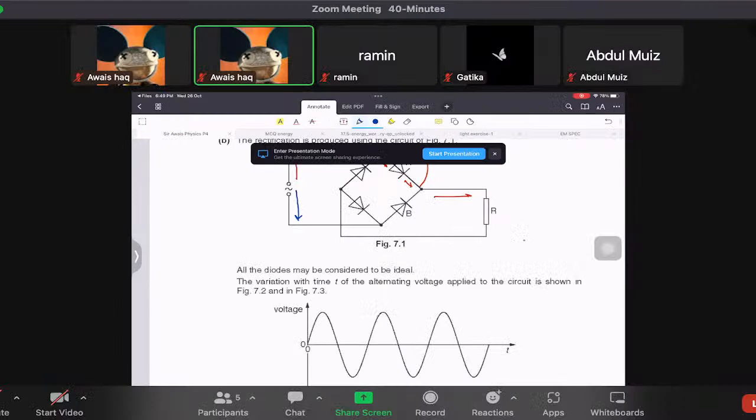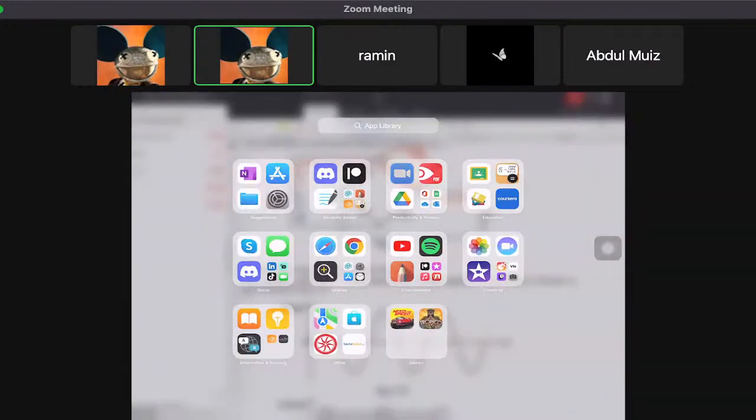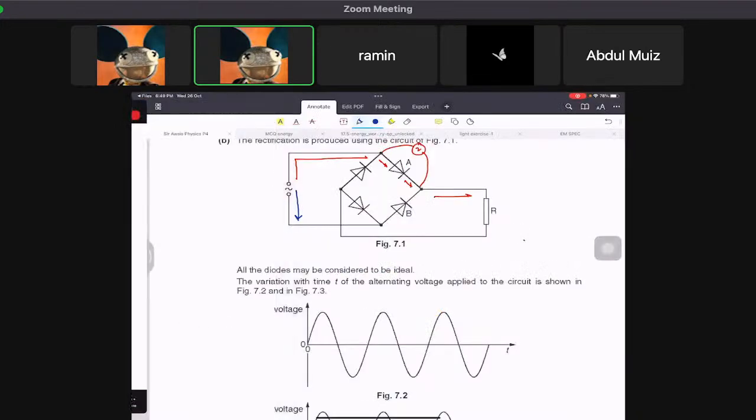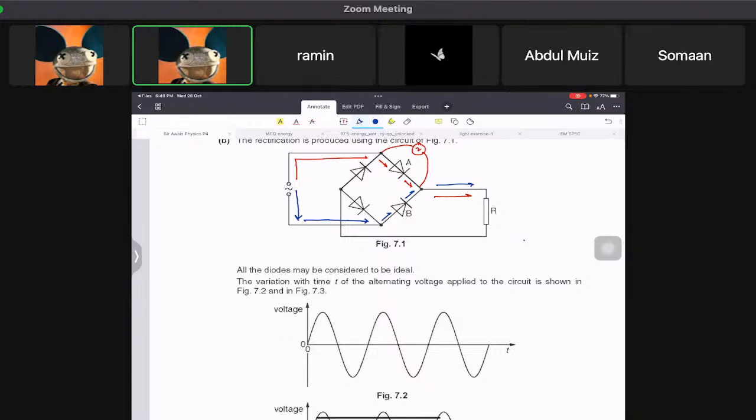This is why I'm asking you to get some color pens. No matter what, red will always go through A, blue will never go through A, which means that it is going to be on this.